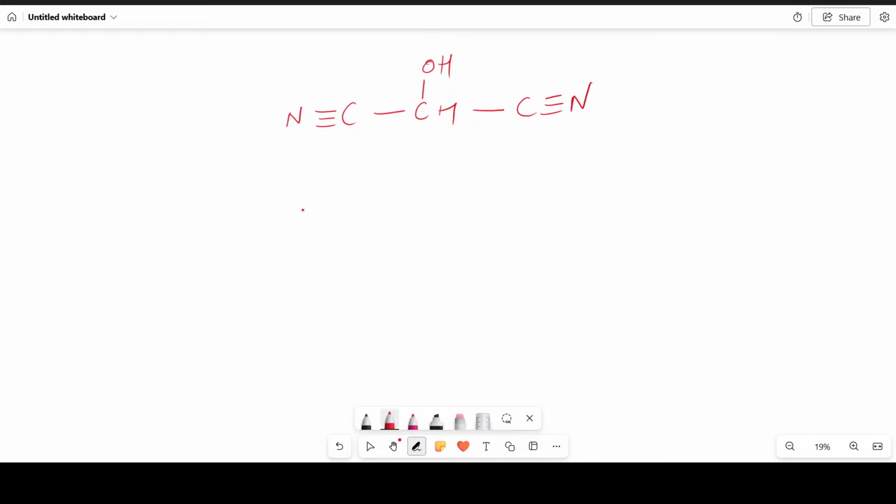Now cross check. The condensed formula is OH, CH, CN twice. Then the bond line structural formula is this.